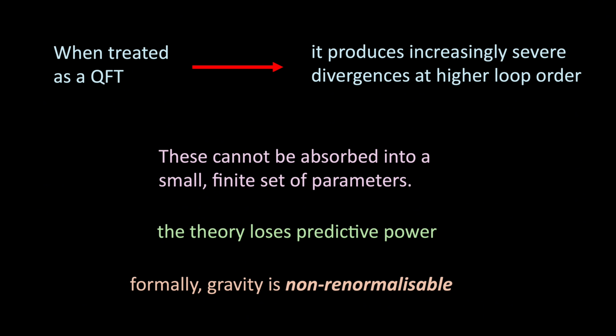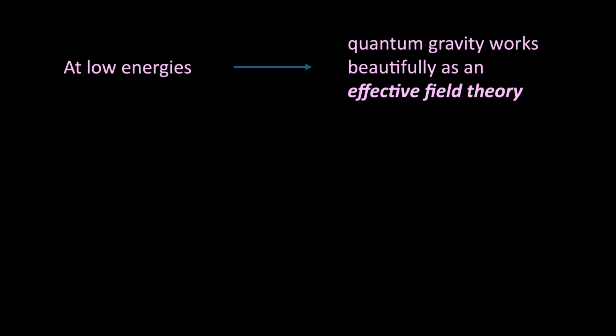Now, in practice, this only becomes serious at extremely high energies, where the gravitational coupling approaches 1. On the other hand, at low energies, quantum gravity works beautifully as an effective field theory, giving tiny, well-controlled corrections to classical gravity. For instance, one can calculate small quantum corrections to Newton's law of gravitation.